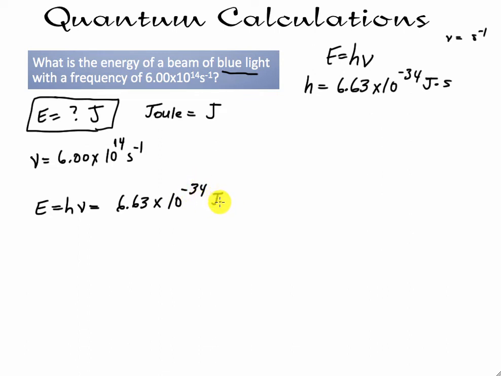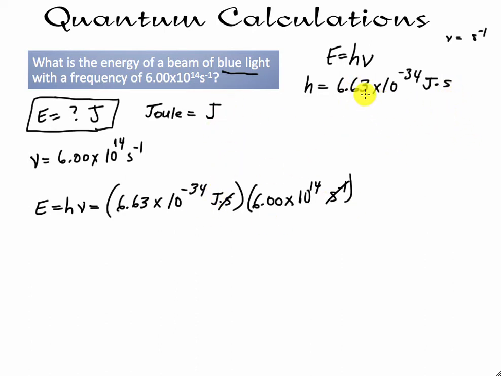And these energies are all going to be very small because of this unit of Planck's constant. Because Planck's constant is such a small number, it's going to make a lot of these energies come out really, really small when we do these calculations. To the 14 inverse seconds. Notice that seconds and inverse seconds cancel out, leaving us with the unit of joule, and that's why we need that unit in here.